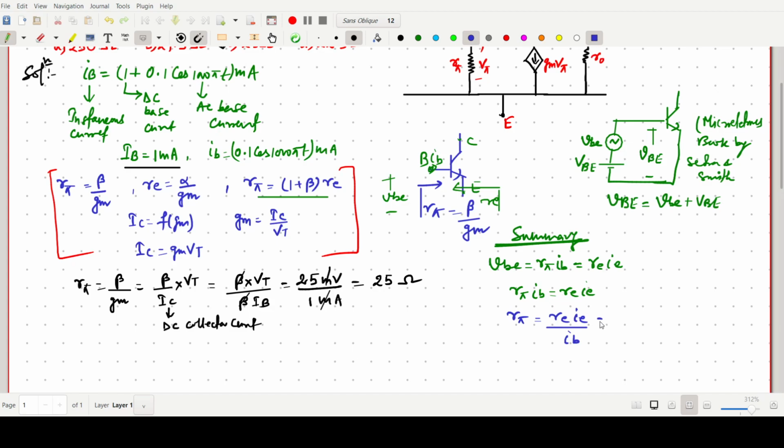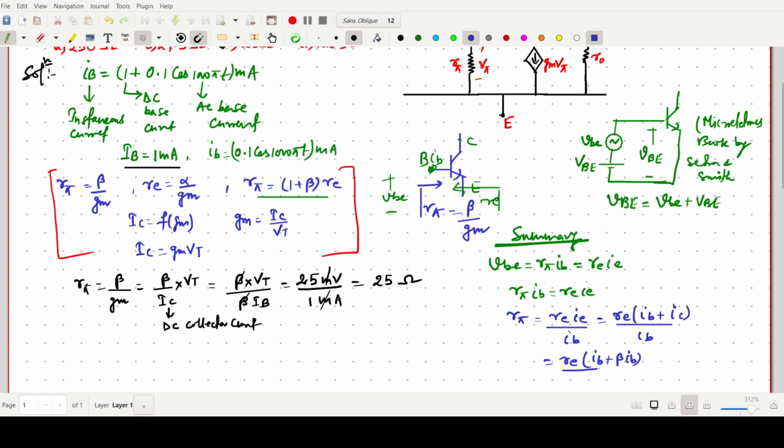The emitter current is nothing but the AC base current plus ic, so R pi equals Re times ib plus ic by ib, with ic equal to beta ib.